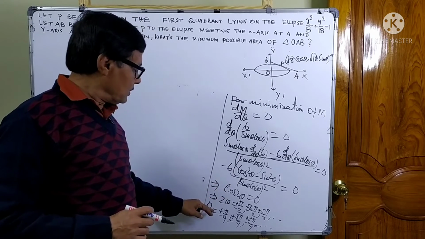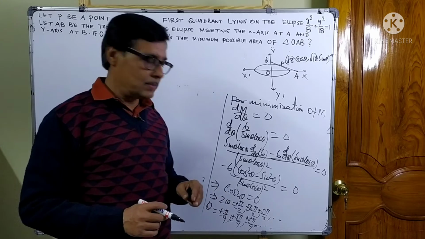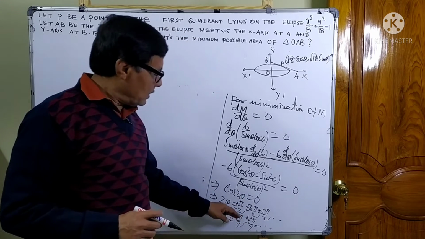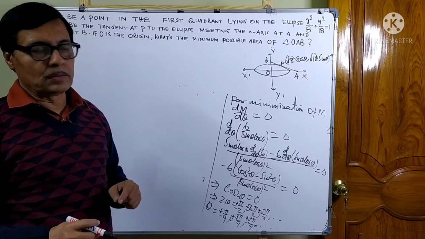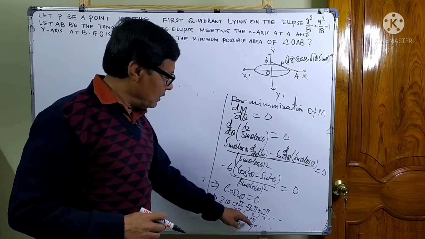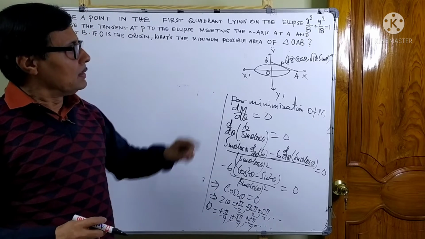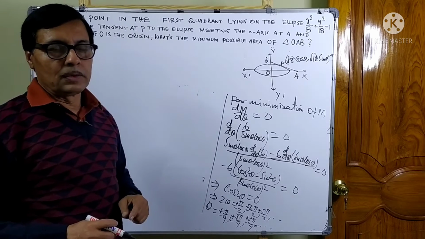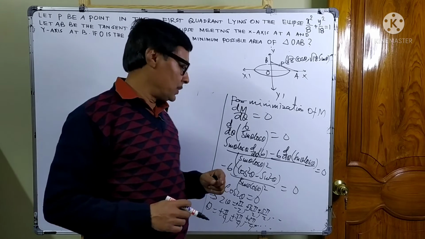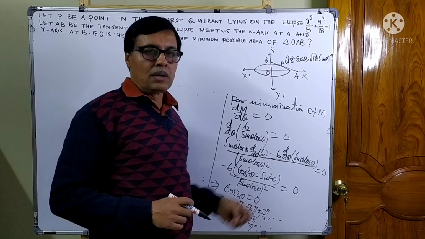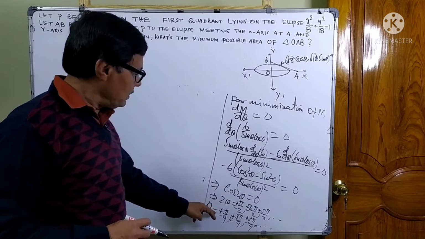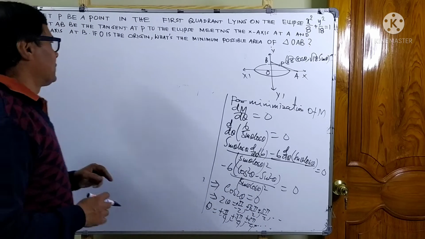Other values of theta lie outside the interval 0 to pi by 2, so those are rejected. Only theta equal to pi by 4 is accepted.